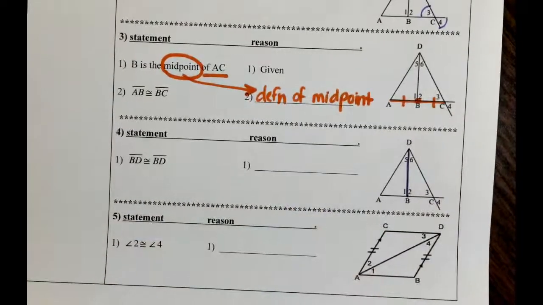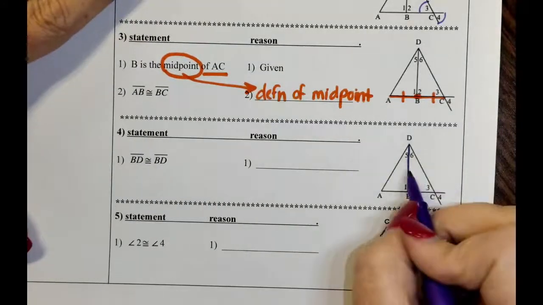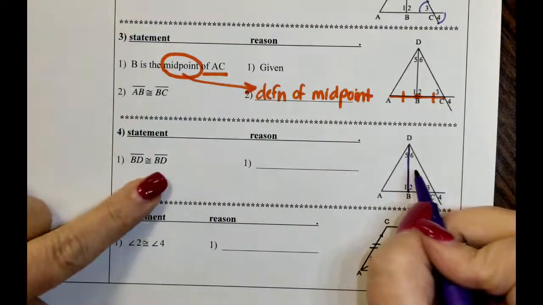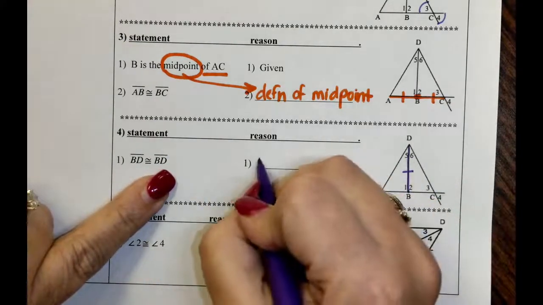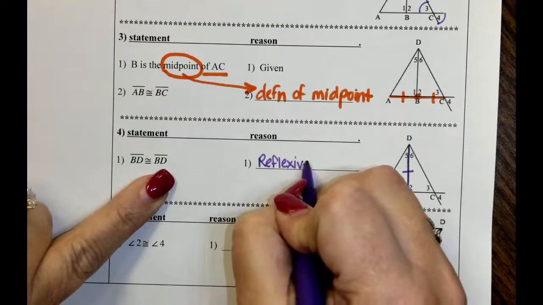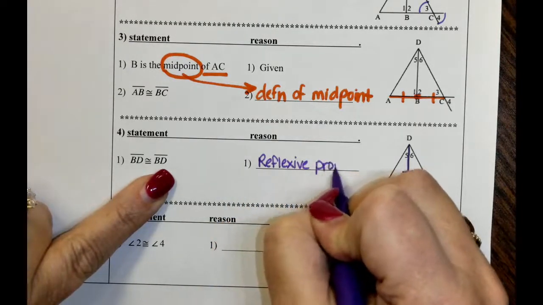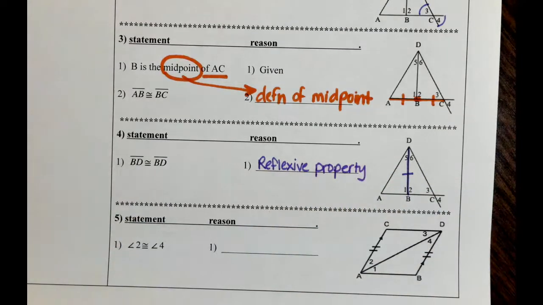We talked about this the other day. BD is congruent to BD because it is the reflexive property. It is a reflection of itself. This is what it would look like. BD is congruent to BD because of the reflexive property. And so we would say right here, BD is congruent to BD because that's what it means to look at its own reflection. That's going to be equal.